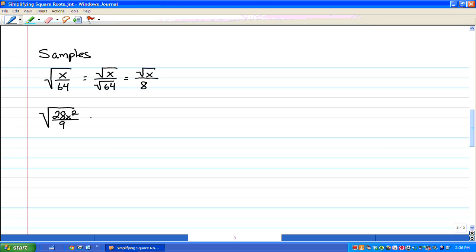Okay. So for this one, again, the first thing I'm going to do is this: square root of 28x squared over square root of 9. That's my quotient property, because I could separate that. Then I could do the square root of 9. It's 3. Up on the top, I'm going to have to break this up.